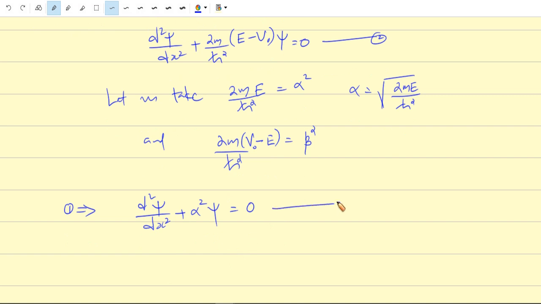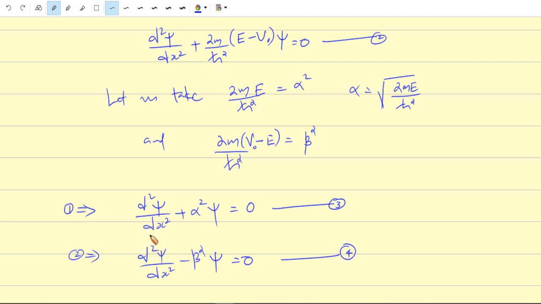This is equation number 3, and equation number 2 becomes d square psi by dx square minus, see here, 2m by h cross square (E minus V0) psi, so this will become minus beta square psi is equal to 0. This is equation number 4.